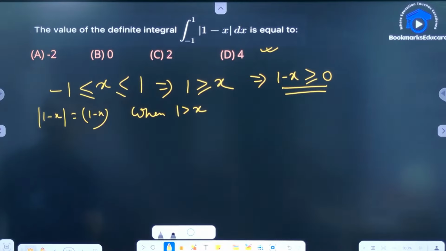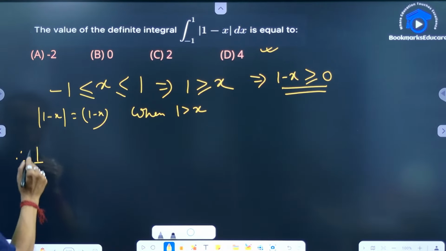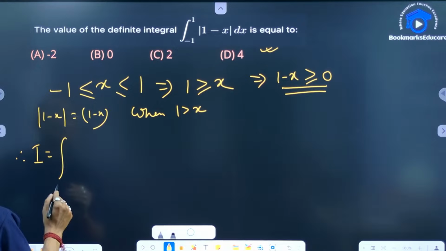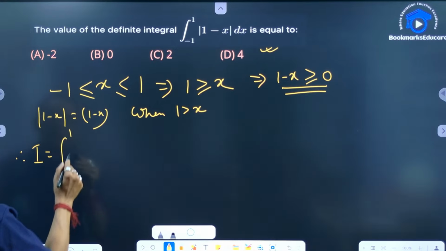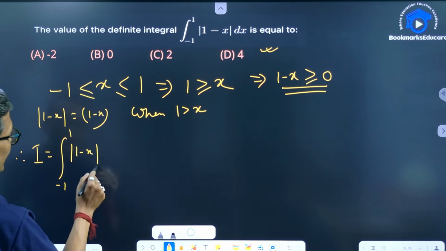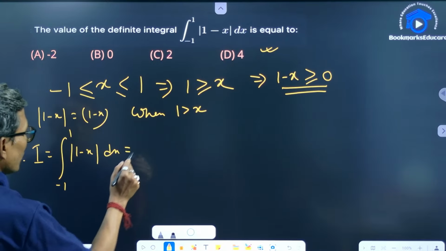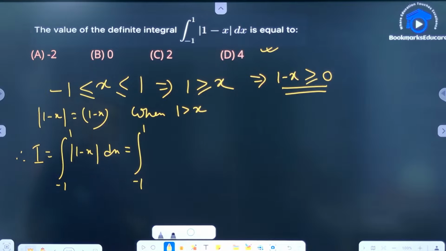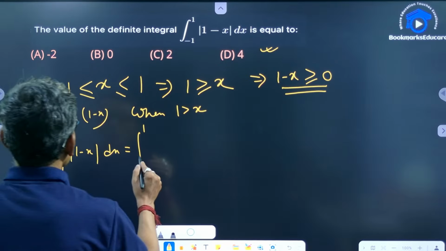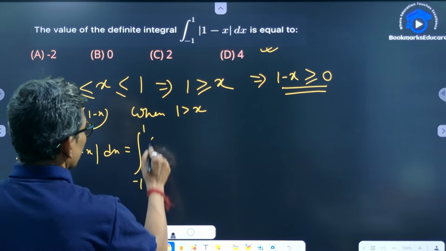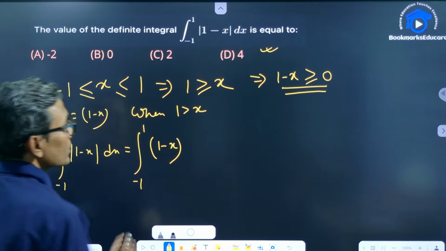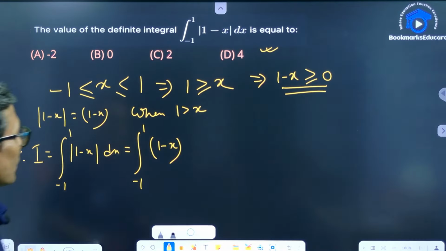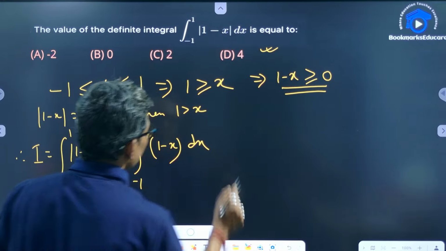So now I is equal to integral from minus 1 to 1 of mod of 1 minus x dx. So minus 1 to 1, 1 minus x dx.